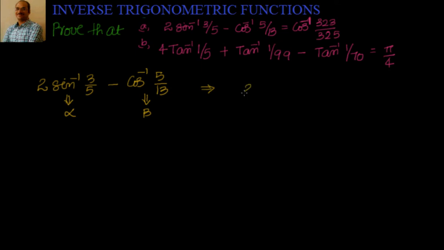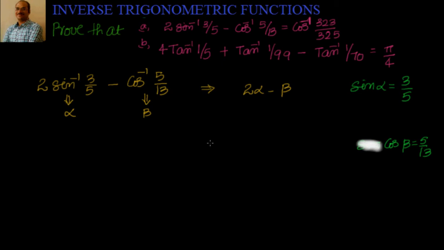That will give me 2 alpha minus beta, and also I know if this is alpha, I know that sine alpha equal to 3 by 5, and cos inverse 5 by 13 is beta, so I know that cos beta is equal to 5 by 13.